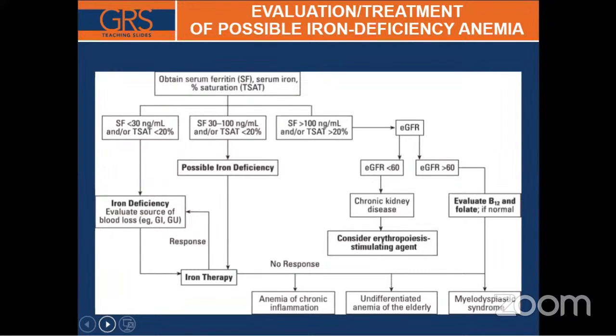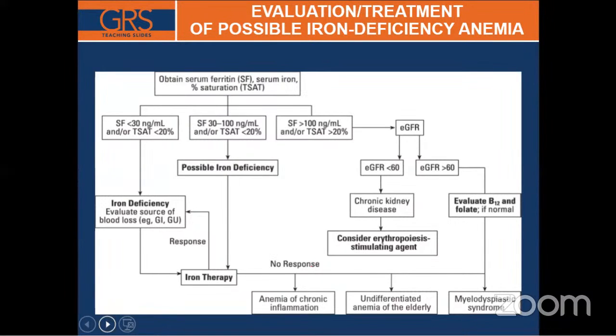If the serum ferritin is less than 30 and the saturation is less than 20%, this is most likely iron deficiency anemia. From there, we have to evaluate for the causes of the iron loss, whether GI or GU. Then I will start iron therapy and check for response. If there is any response to iron therapy, that confirms the iron deficiency anemia.